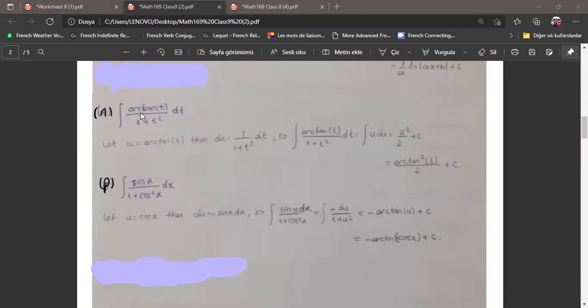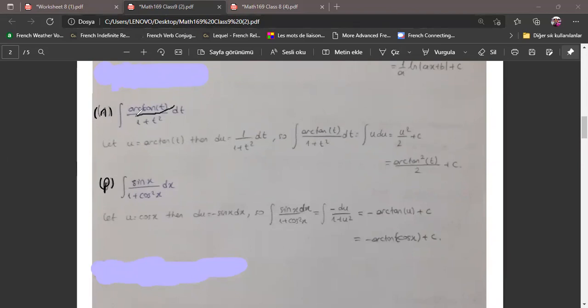Now, for this part, we have arctangent t over 1 plus t squared dt, right? So as you can guess, we substitute u equals arctangent t, and the differentiation gives us du is equal to, you know the derivative of that, it's 1 over 1 plus t squared dt, right? So what do we get?